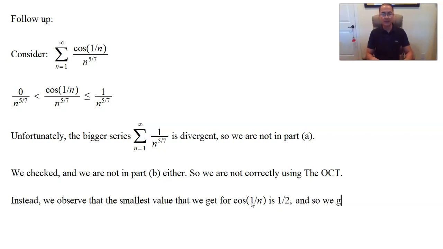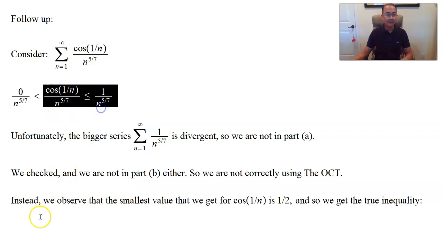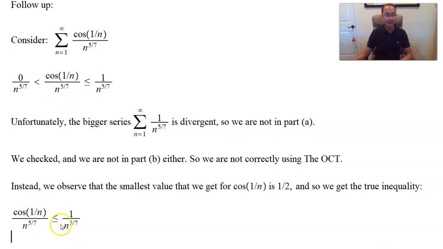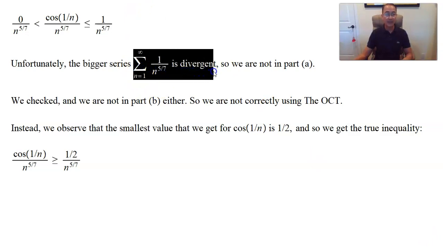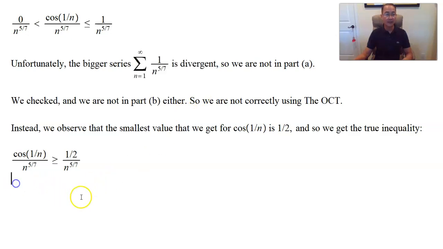And so we get the true inequality: cosine 1 over n to the 5/7 is not less than or equal to, but greater than or equal to, not 1, but 1/2 over n to the 5/7. And of course, we know that this series is divergent. Does it matter if the numerator is 1/2? No, it doesn't.